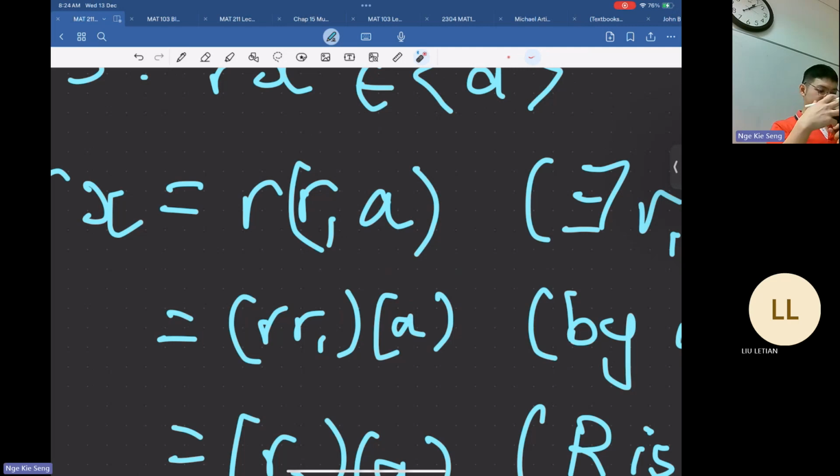Make sure that r times r1 is in the ring.